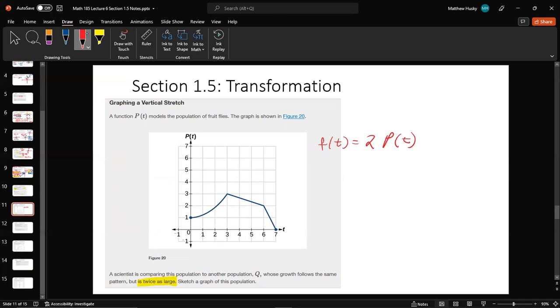So especially with the graph that's right here in front of us, this is not going to be too terrible. Here we have a value of 1. We just double that so that at the original graph, we're going to have a value of 2. This point is originally at 3. If we double that, it's going to send us up to 6. And then we will still have this kind of curvy thing here.